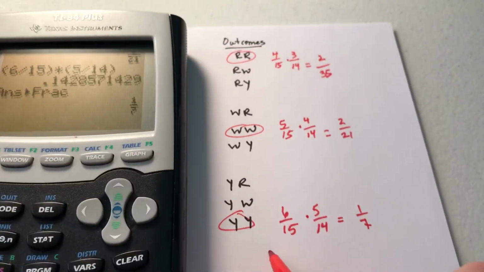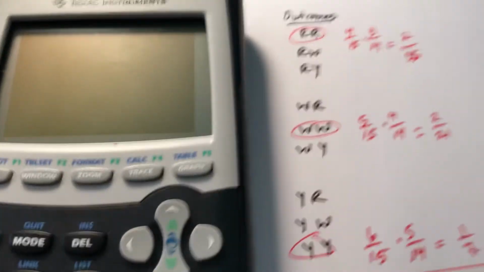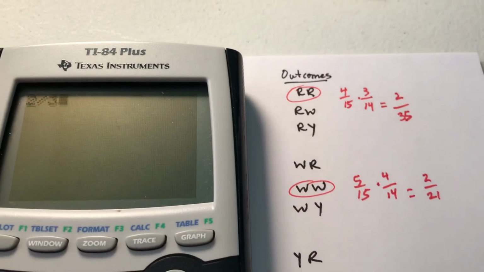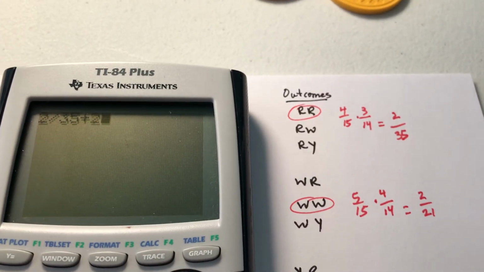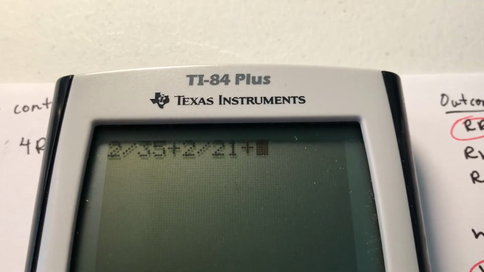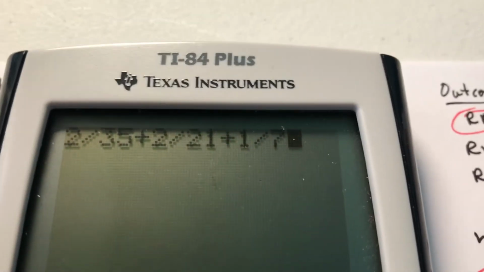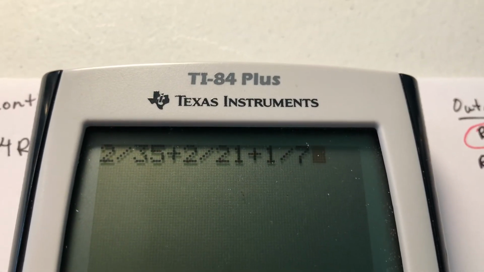Now they all have different denominators here, so to add these, they have to have a common denominator, or we're just going to put it right here in the calculator. I'm going to go 2 divided by 35 plus 2 divided by 21 plus 1 divided by 7. And if you're not sure if you use parentheses or not, just use them to be safe.